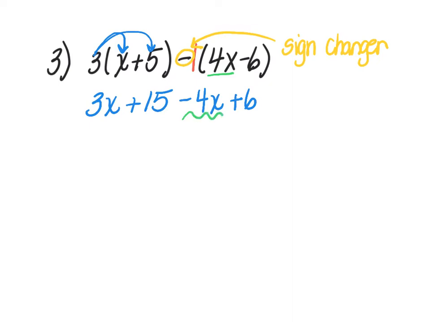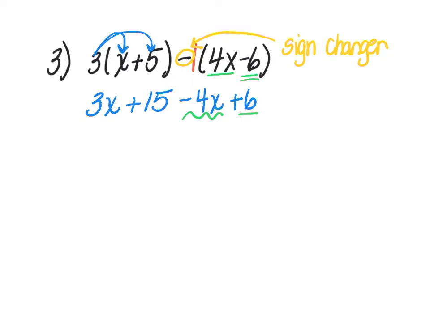In the parentheses, we have a negative 6, but when we distribute the sign changer, it becomes a positive 6. Excuse me, I think I said 6x. So that's what I usually do, is I just make sure that my signs flip.